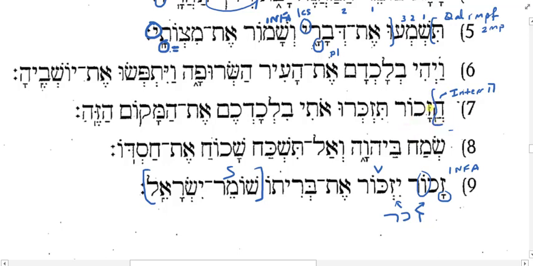Okay. I have zakor tizkeru. Do those two verb forms share the same 3 root letters? Yes. Which one of them is the main verb? The first one or the second one? The second. So the first one is what? Zakor. It's the infinitive absolute. So this is going to strengthen the main verb. The main verb is tizkeru. So how would you translate that? They or you, which one is it?